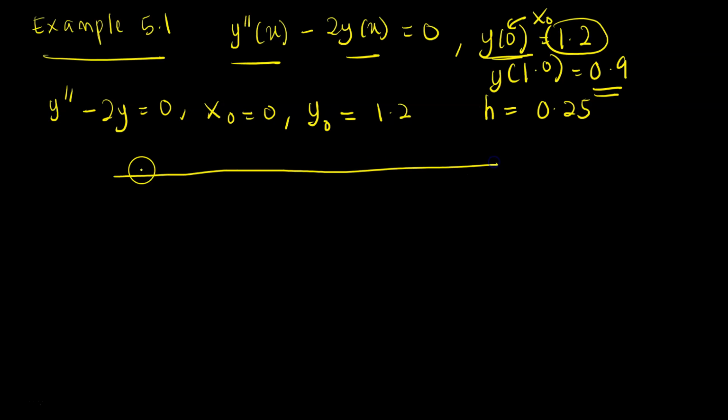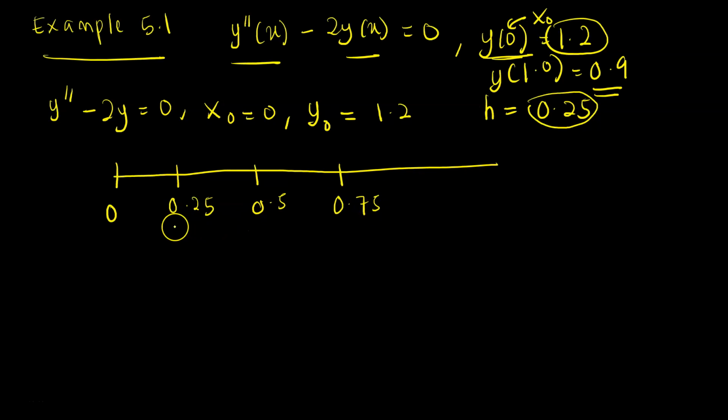If I draw a straight line here, I start with x0 = 0, with an increment of step size 0.25. So I will have 0.25, 0.5, and then 0.75. The difference here is 0.25, 0.25, 0.25, and the last one should be 1.0.